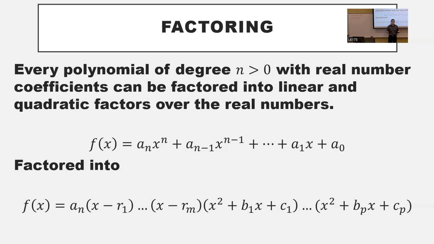When I take those two factors and multiply them together, it'll be a quadratic. So every polynomial with real coefficients can be factored into linear and quadratic pieces with real number coefficients.